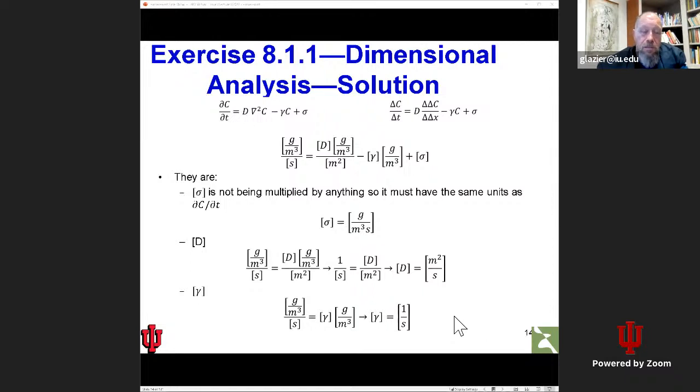Now, when you're thinking about this problem, you might want to start out by thinking about two things. One, that I showed you that derivation before we talked about decay. And two, to ask the question, is there some other unit, something else with units in this problem besides those three parameters?